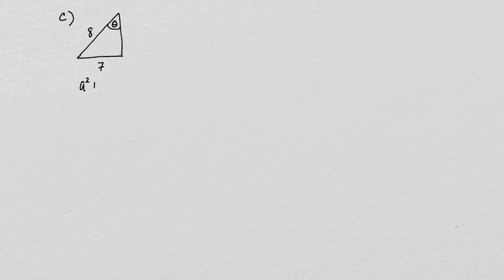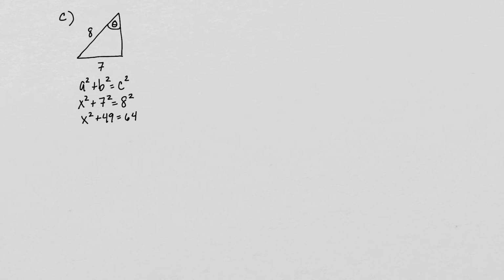So a squared plus b squared equals c squared. And what should my c be here? Yeah, the c is the 8. So x squared plus 7 squared equals 8 squared. So x squared plus 49 is equal to 64.